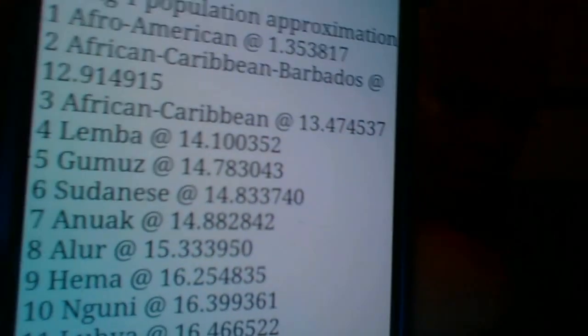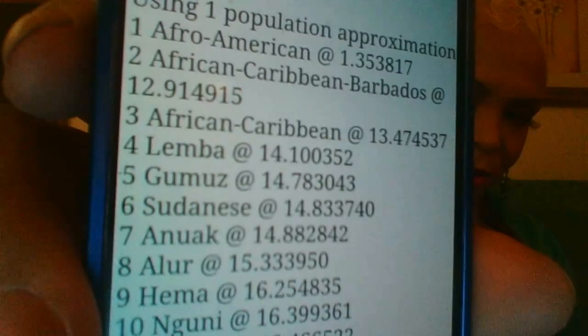So I guess the least number of squares, the lower the number, the closer it is to what they feel you are. And as you can see on my screen here, it shows Afro-American is first, which makes sense because both of my parents are Afro-American. So that makes sense. Afro-American is at 1.353817. So that's pretty close.